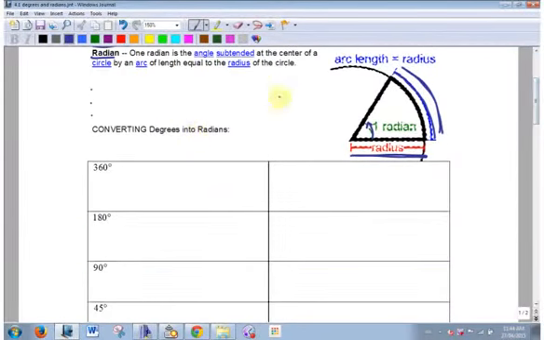So converting degrees into radians, if I know 2 pi is 360, I can just make that a little bit nicer. How do I get rid of that 2? Divide it away. So pi is 180 degrees. But better said, pi radians is 180 degrees.